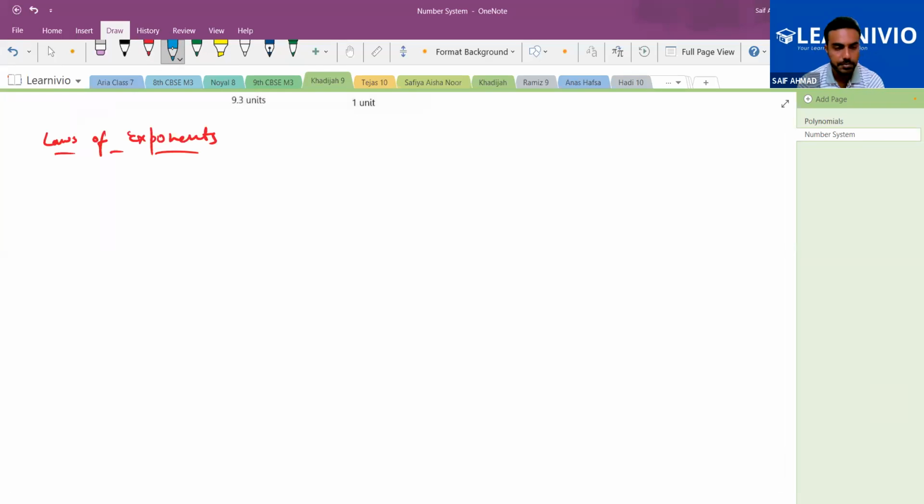What are the exponents? If we have 2 raised to the power 5, so 2 is the base and 5 is the exponent.